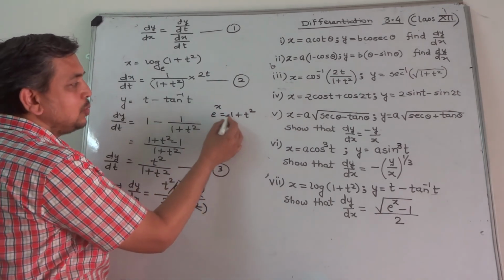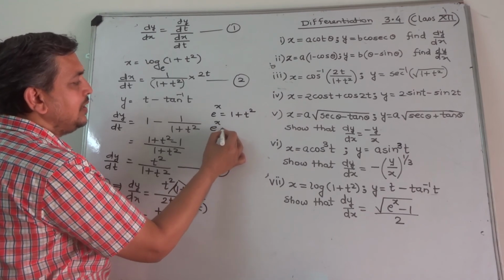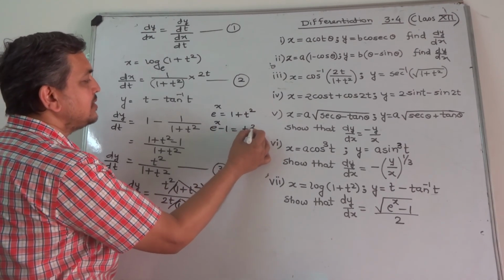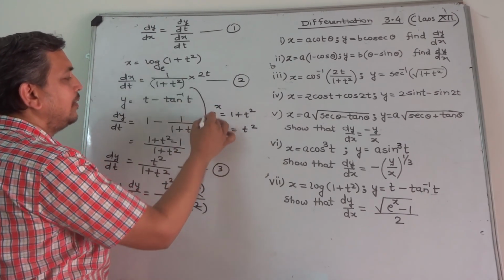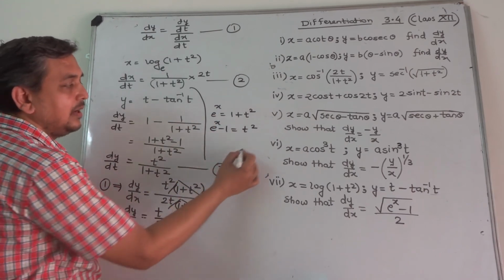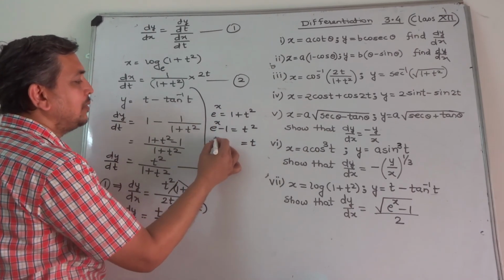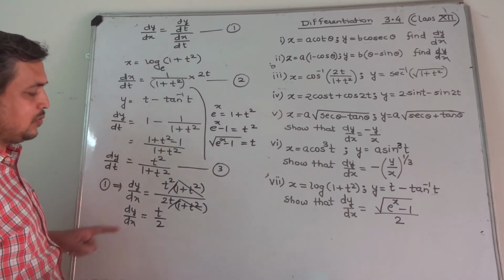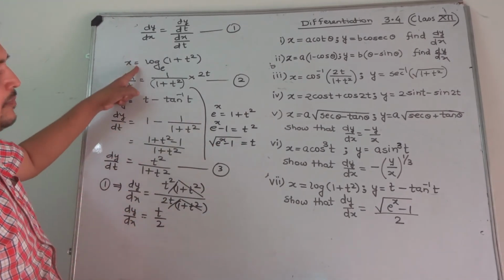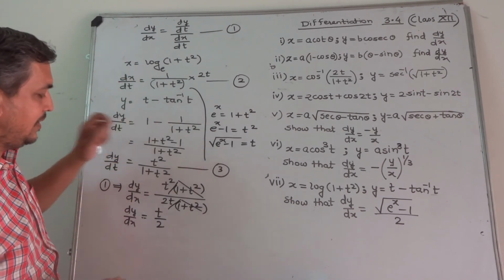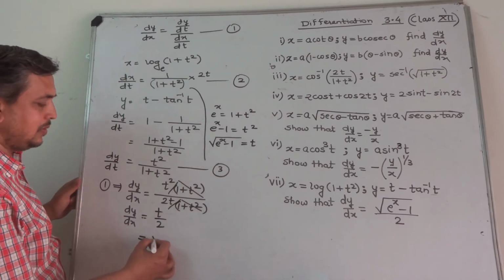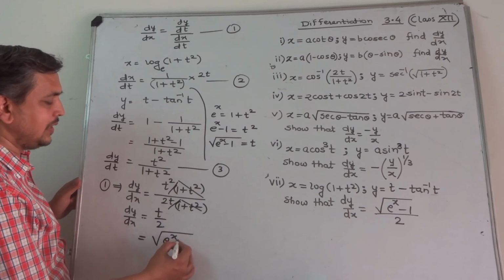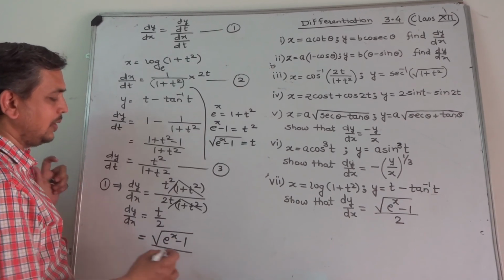Now if e raised to x is 1 plus t square, so e raised to x minus 1 is equal to t square. Correct? And so t is equal to under root e raised to x minus 1. So the value of t can be obtained from the value of x, and dy by dx equals root of e raised to x minus 1, whole upon 2.